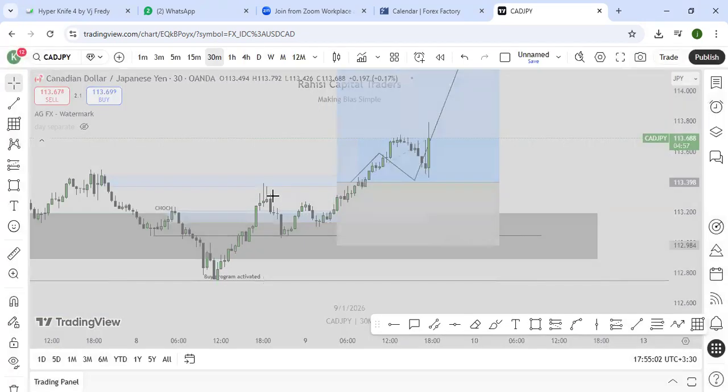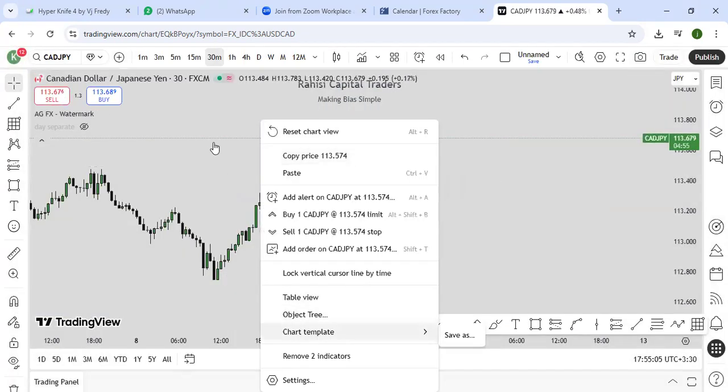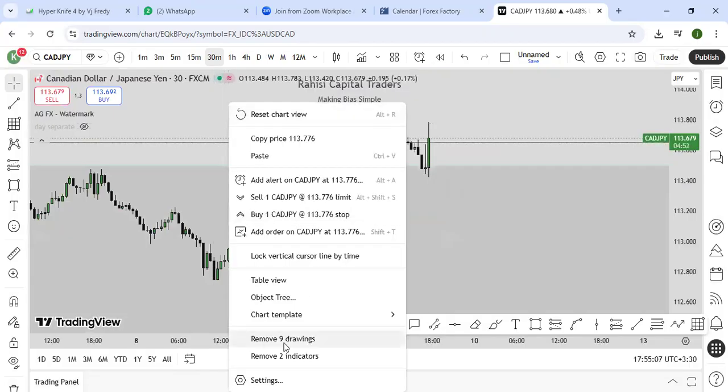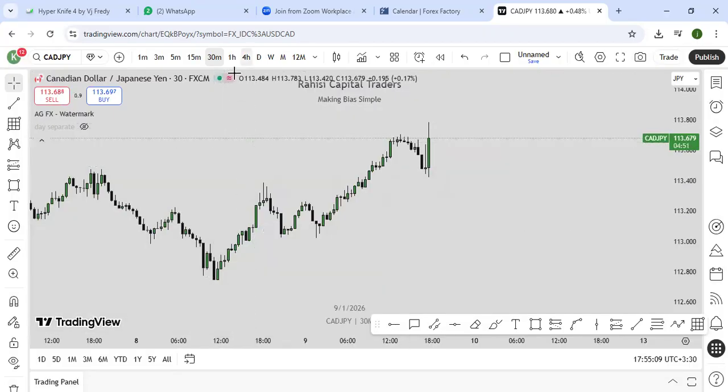Let me get a clean one. So this is CAD JPY. We do the normal thing.